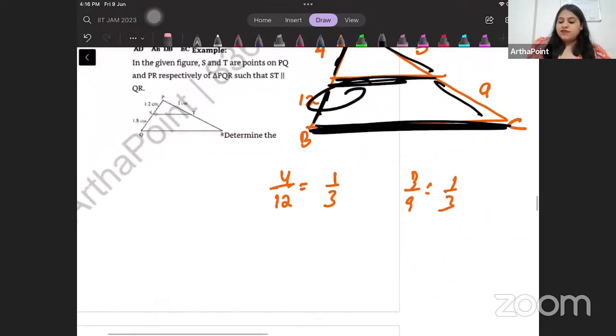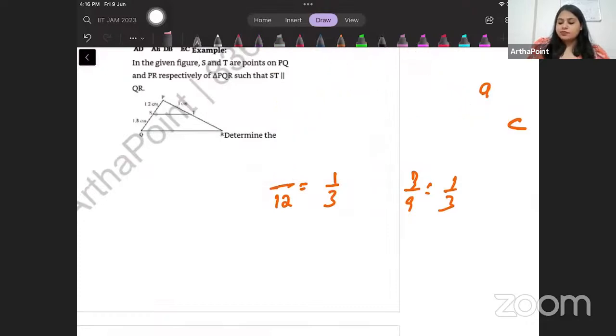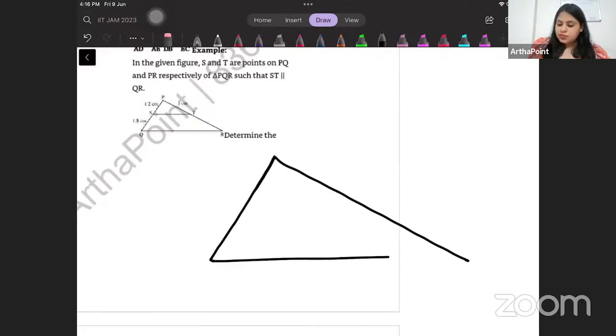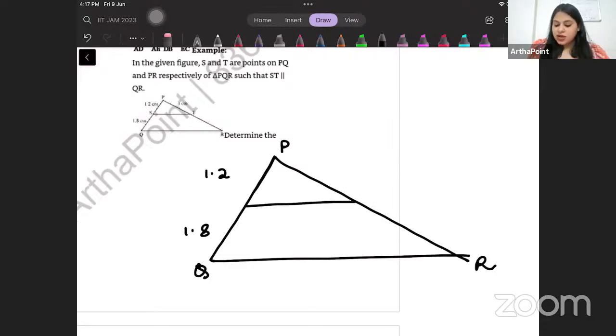Now let us take the first question for the day from this triangle topic. You are given this triangle PQR, and you are given that this is 1.2 and this is 1.8, and this is 3 centimeter.